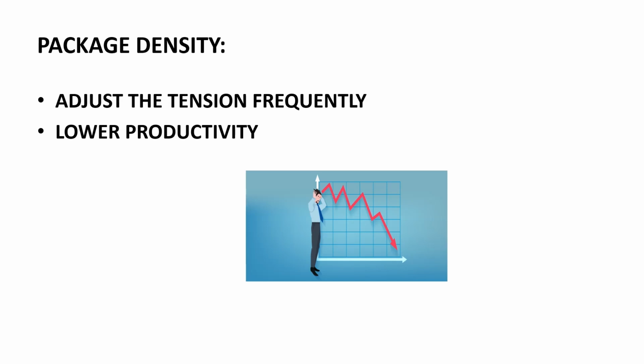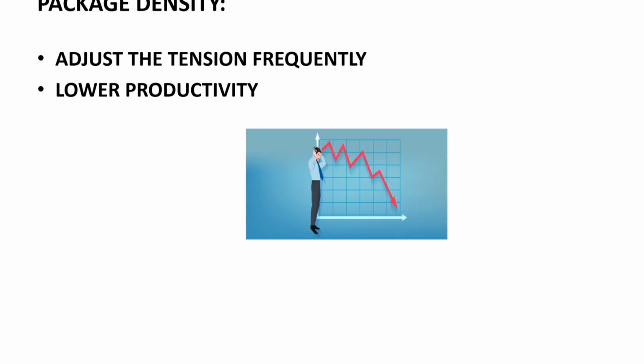So this will maintain the tension, and this will maintain the productivity in the sewing operation. So students, we can infer here that package density is a very important factor in raw material inspection. So we have to be very careful while determining the package density of a particular sewing thread.